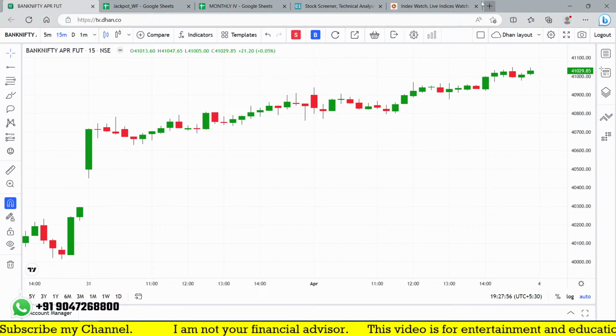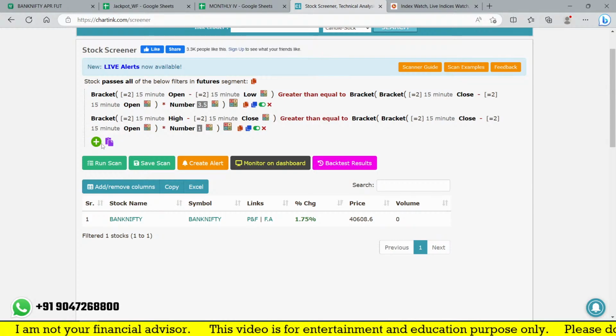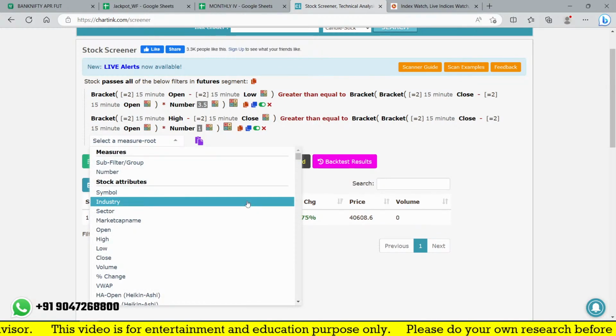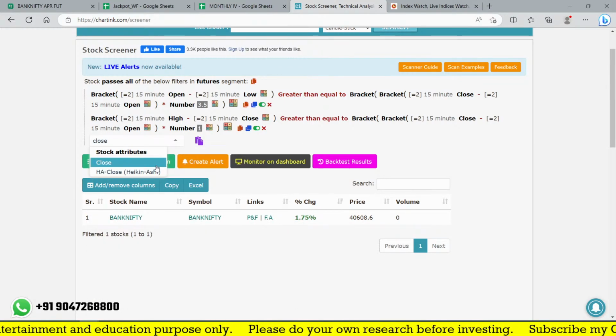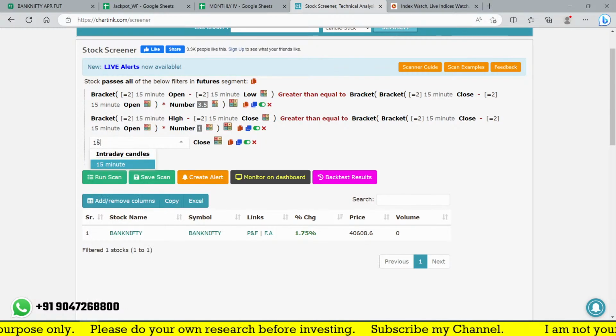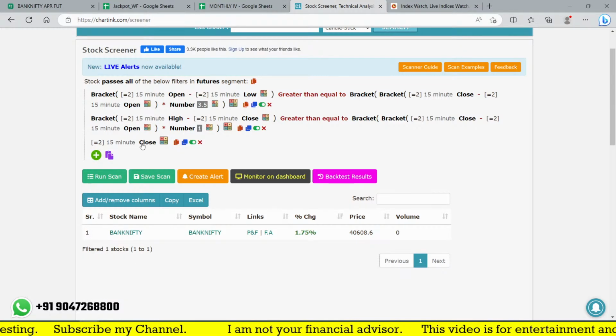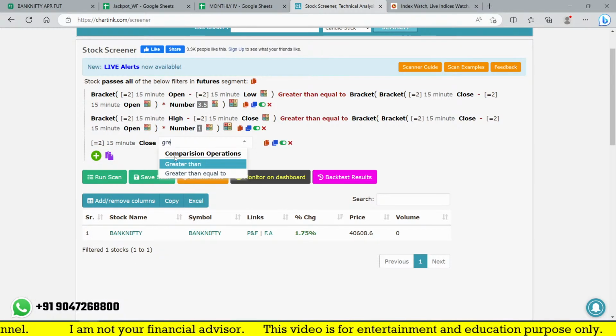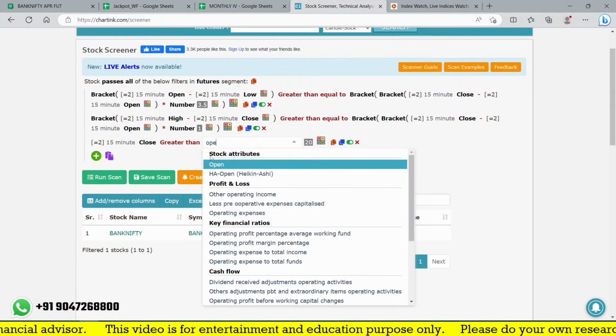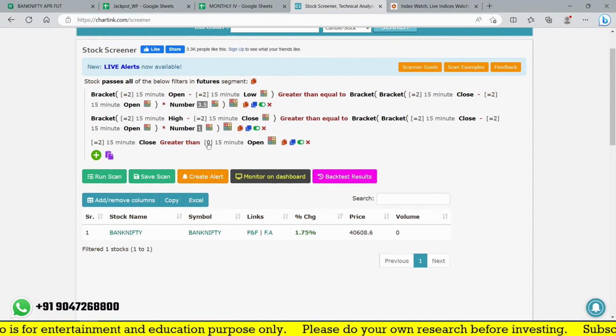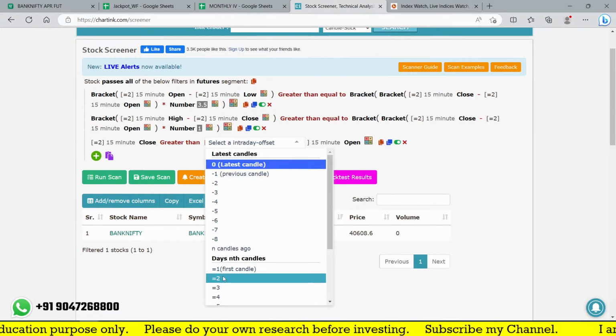Okay, so let me go for even add one more condition that will help us to have close must be greater than the open. So maybe a positive candle, the second candle close greater than open 15 minutes, that should be a second candle.